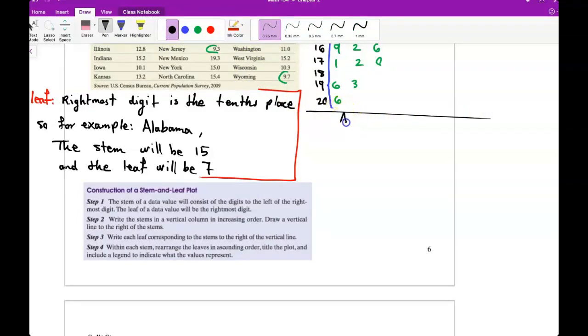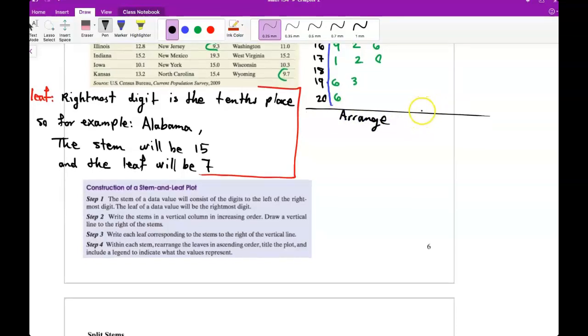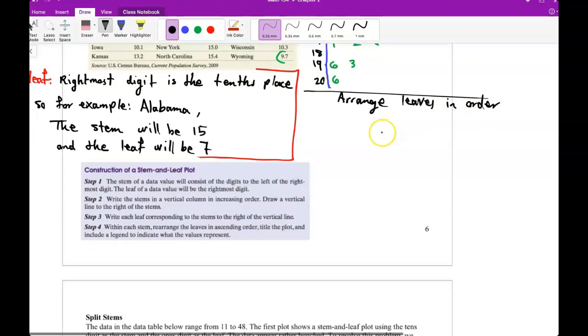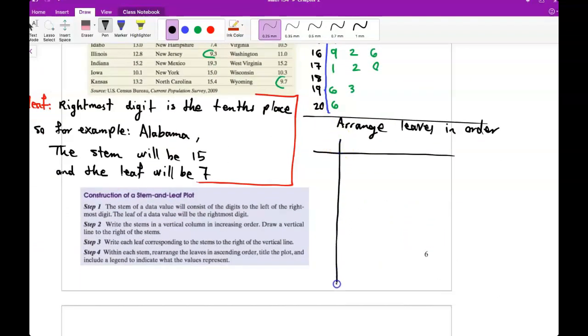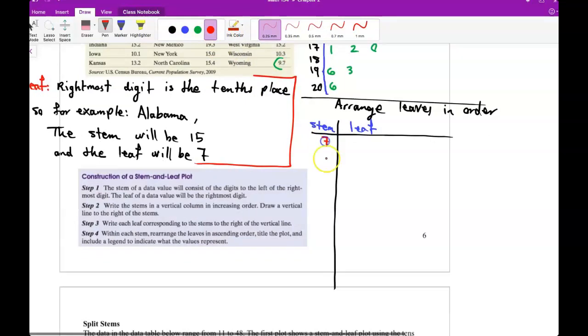So arrange leaves in order. Again, rewriting this column.